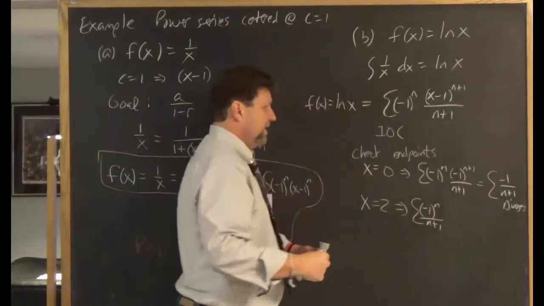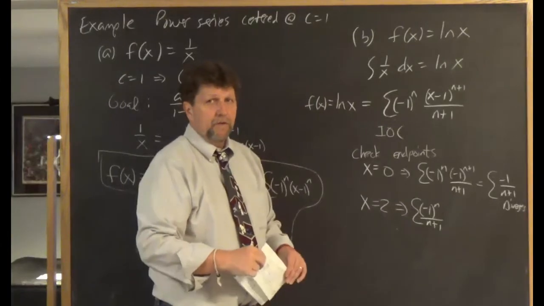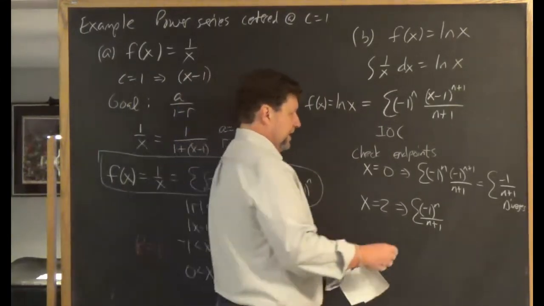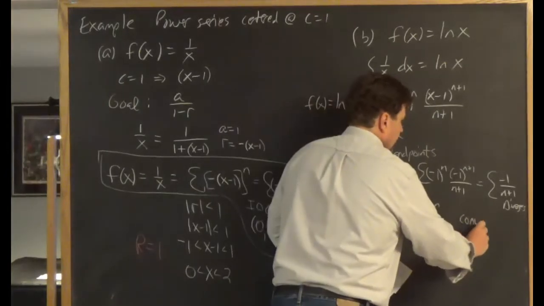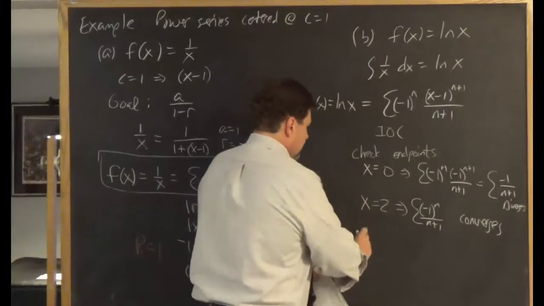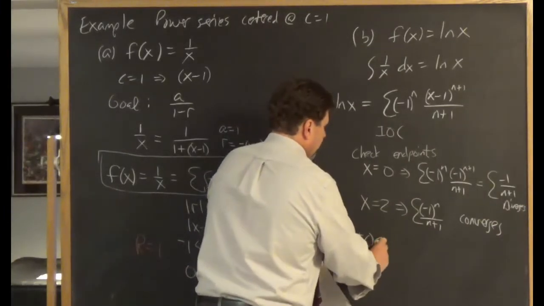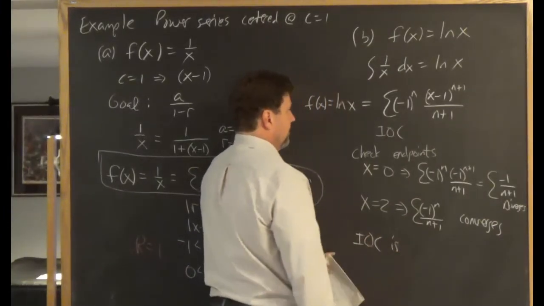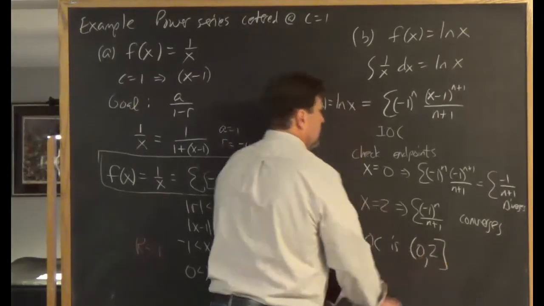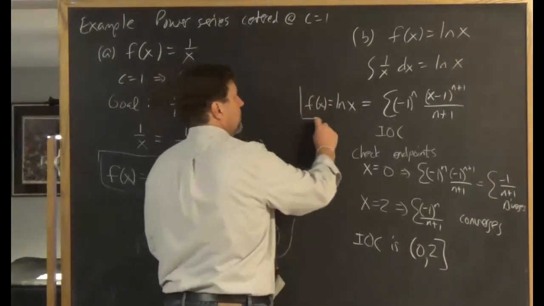So we have the series -1 to the n over n plus 1, which is alternating. It's a version of the alternating harmonic series. So it converges. So here, for this function, the interval of convergence is parenthesis around 0, square bracket around 2.